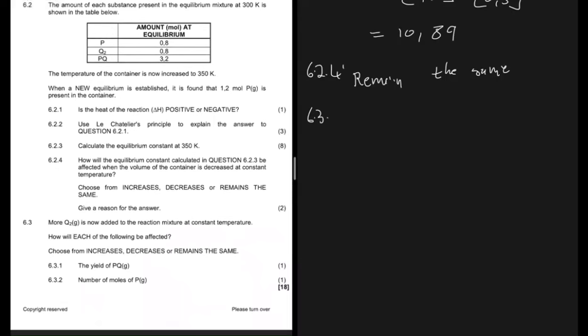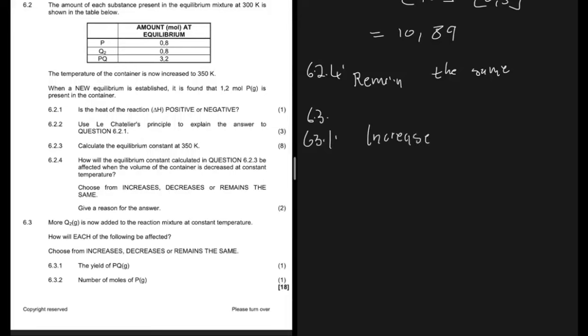Q2 is a reactant. So the reactant Q2 is now added to the reaction mixture at a constant temperature. How will each of the following be affected? Choose from increase, decrease, or remain the same. PQ. PQ is a product, so it's going to increase, right?